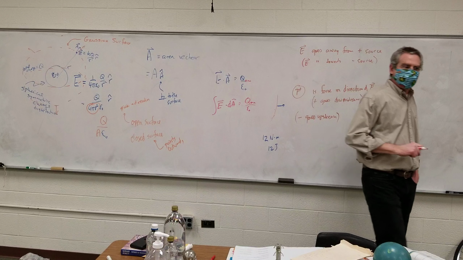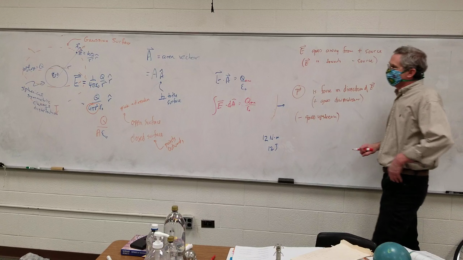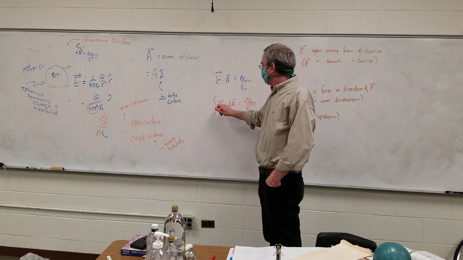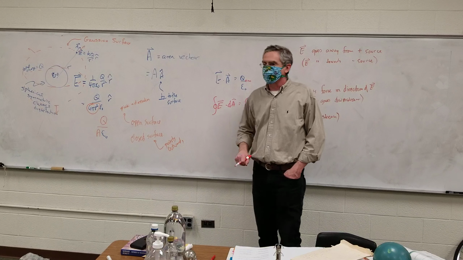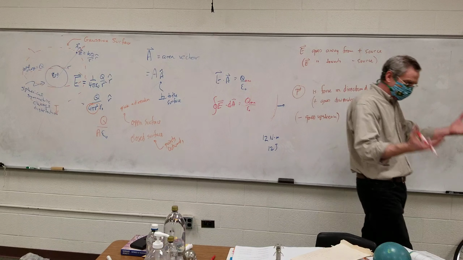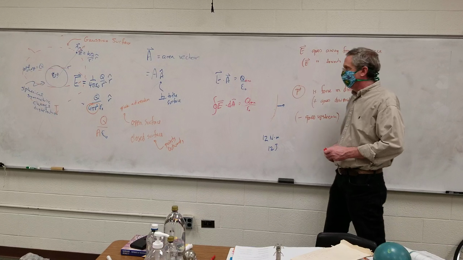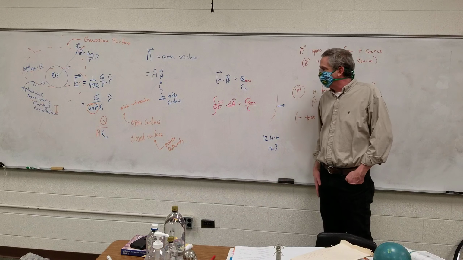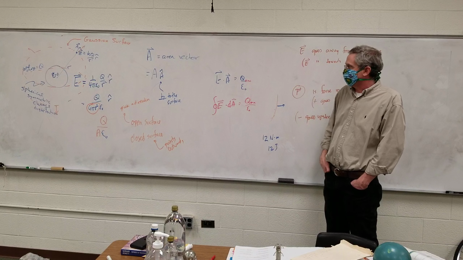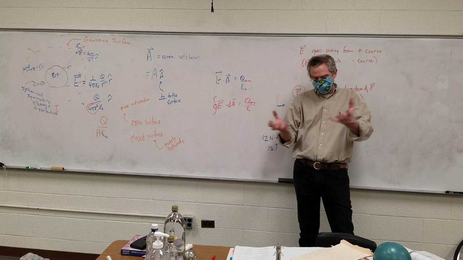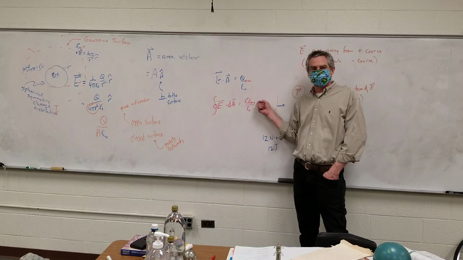We have to do one other thing here, because our surface has to be a closed surface. And so we put a little circle right there to indicate we're integrating over an entire closed surface. If the surface is not closed, then there's no enclosed charge.